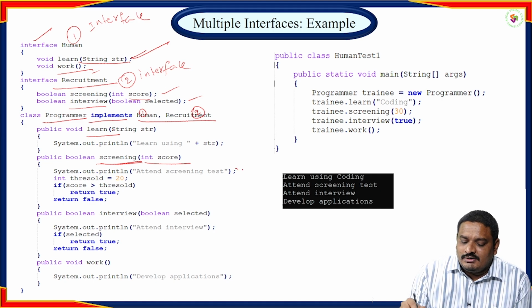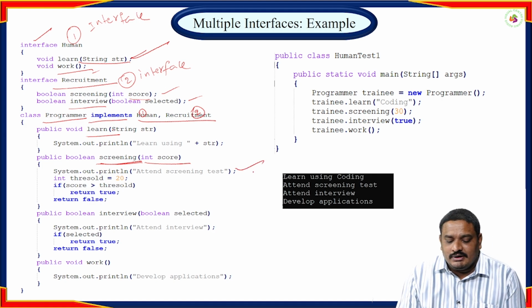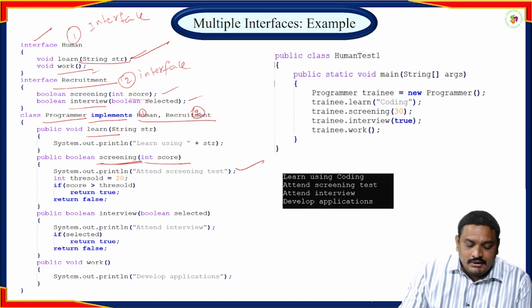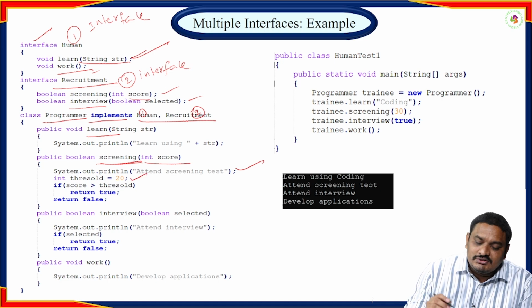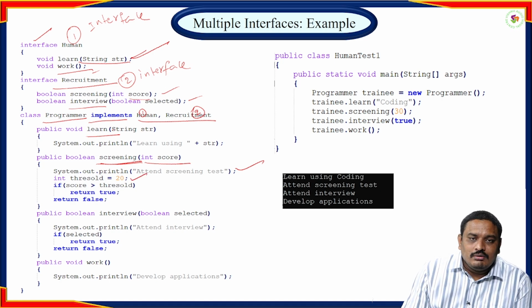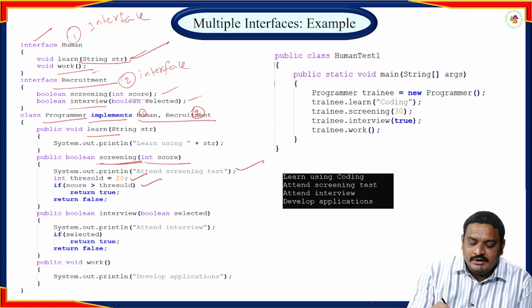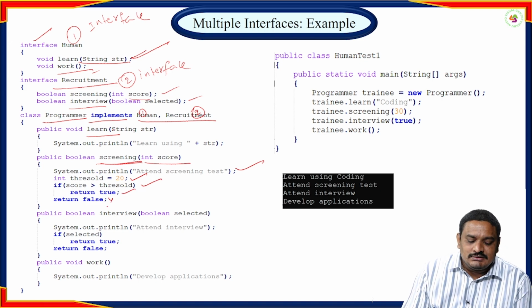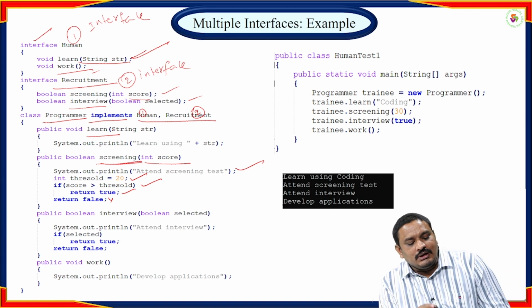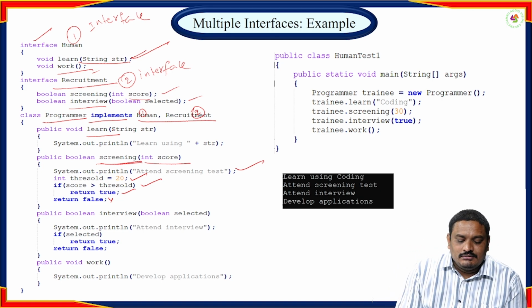Now we can print one statement. That statement is attend screening test. We assign one threshold value. Now if the score is greater than the threshold value, return true, otherwise false. That is the screening method.